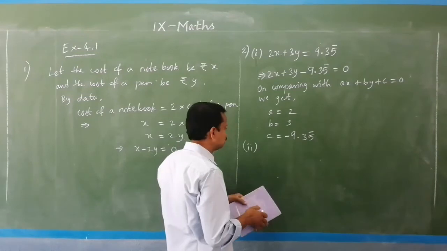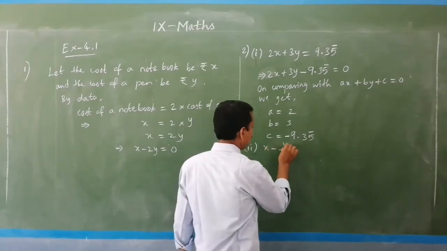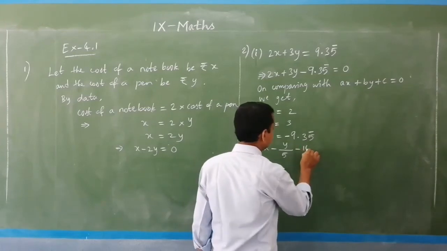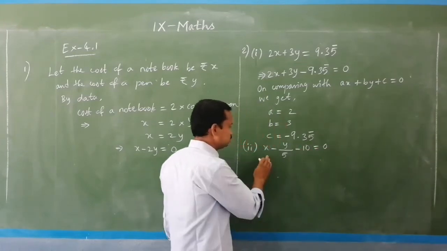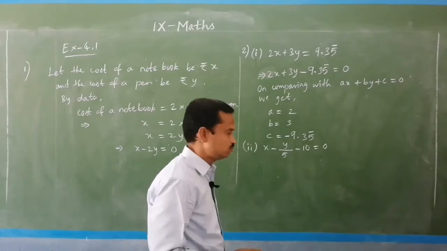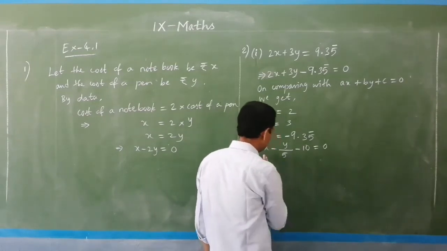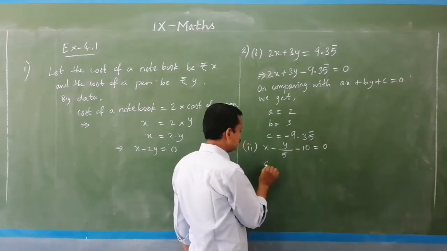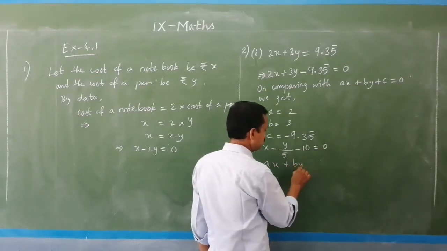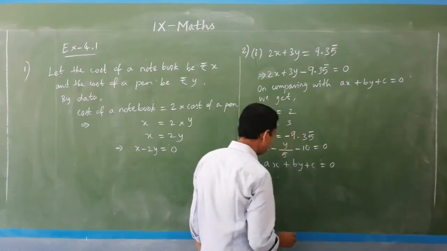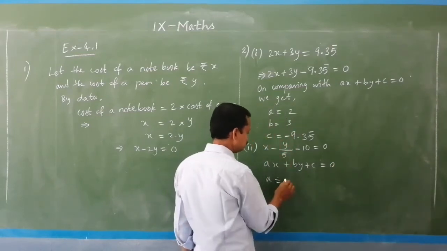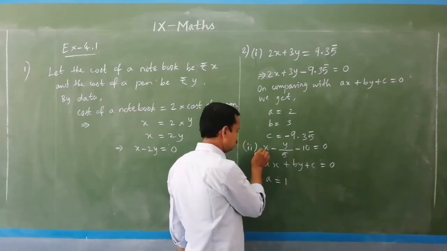x minus y by 5 minus 10 equal to 0. So, this is already in general form, because on the right side there is 0. Here the x variable is there, the y variable is there and the constant is there. Comparing with Ax plus By plus C equal to 0, A equal to 1, that is the x coefficient.